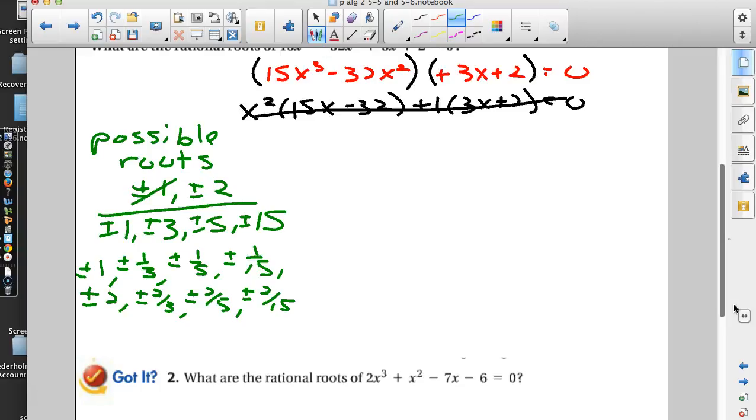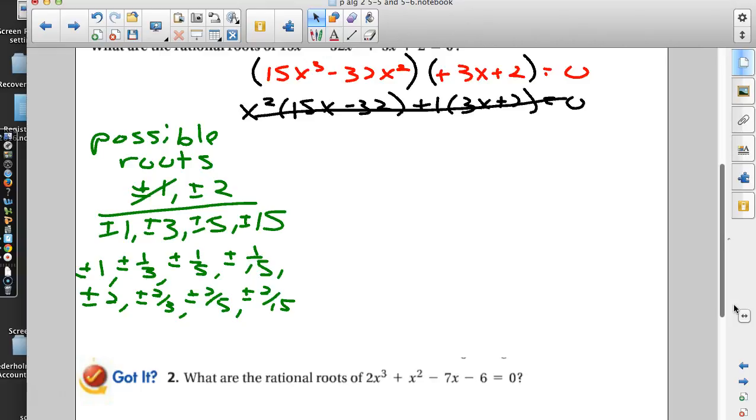Now, like I said, in the old days, we would just start at the beginning of the list and keep doing synthetic until we hopefully got 3 of these that worked, or maybe even just 1 of them that worked. But we're not going to do that. We have technology on our side, so we're going to graph it.